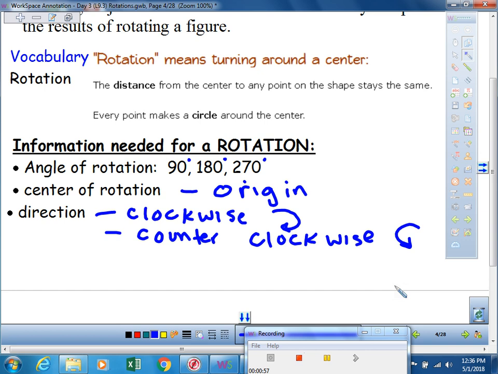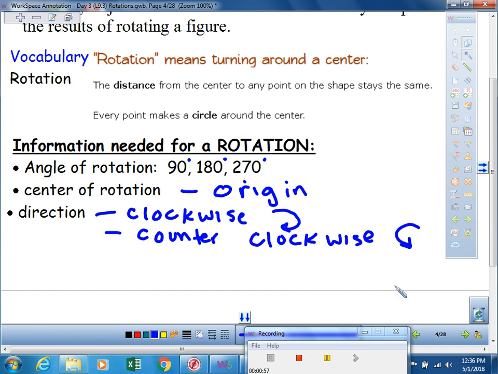And then the last one, 1, 2, 3 to the left, is 270 counterclockwise. So on your paper, when you're writing the rule, you can use either 90 clockwise or 270 counter.